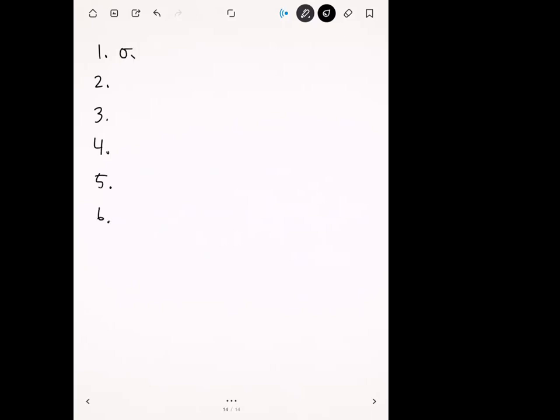All right, so let's do all the normal stresses first, okay? So first we have sigma xx, and so this is a normal stress in the x direction. We also have sigma yy. So this is a normal stress in the y direction.